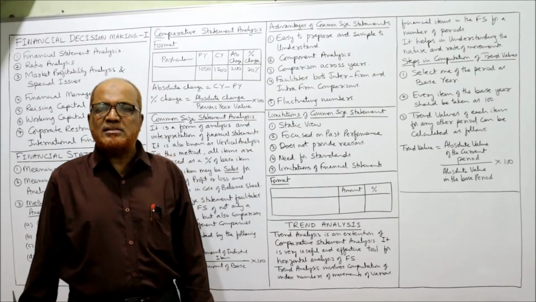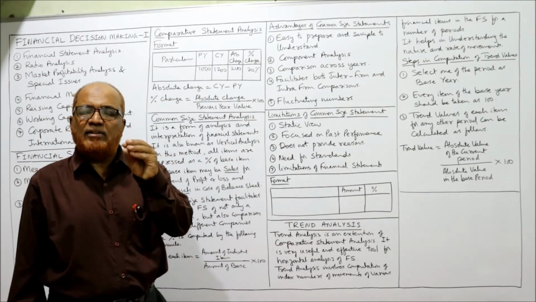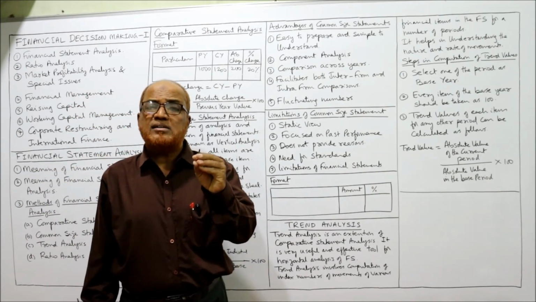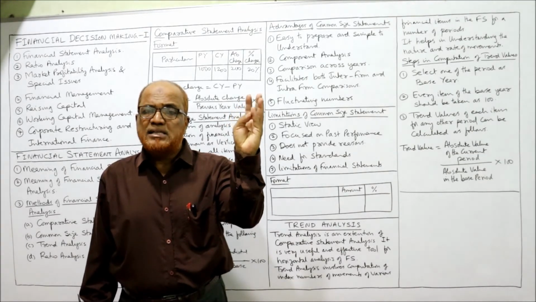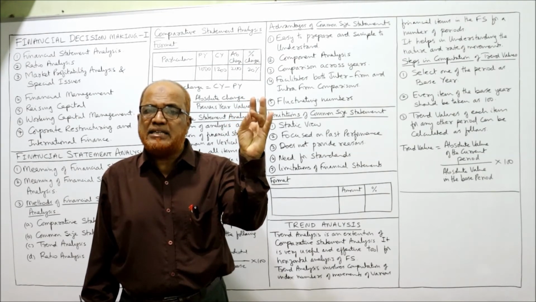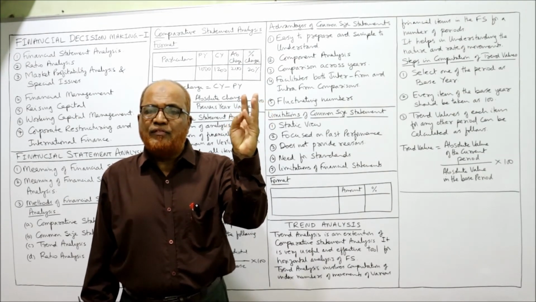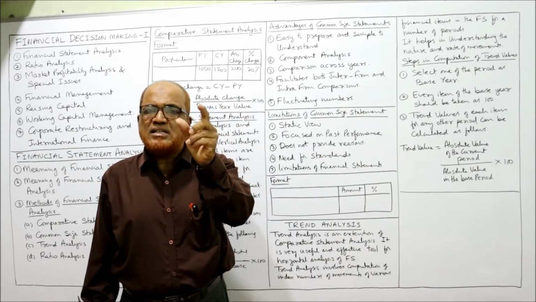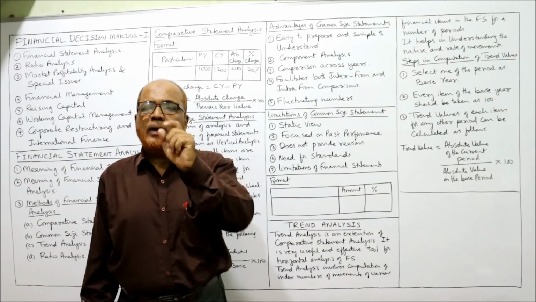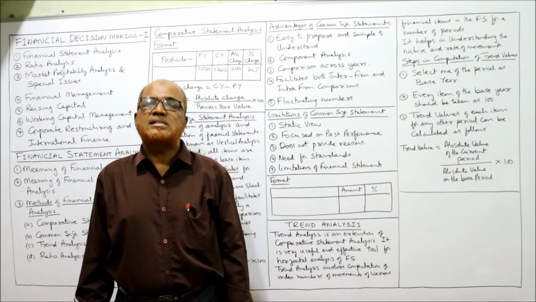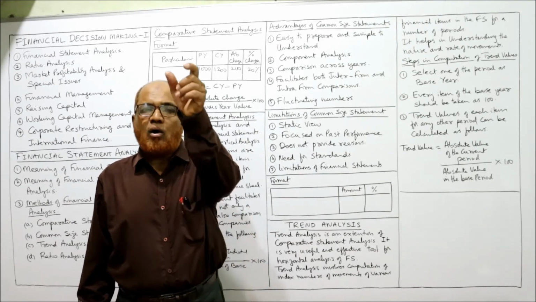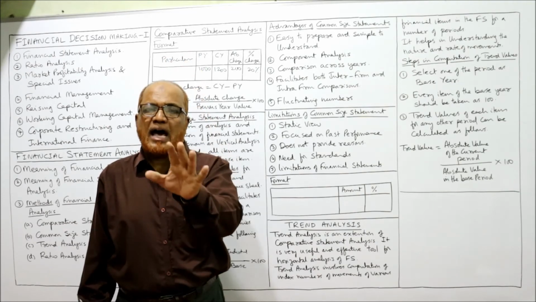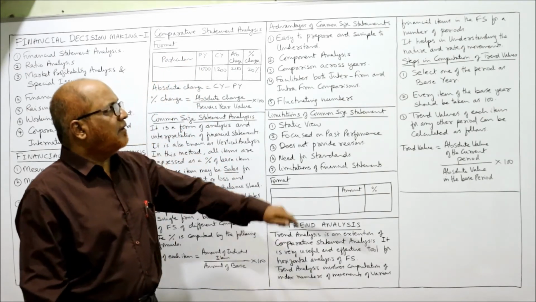For example, we are given 5 years of data: 2015, 16, 17, 18, 19. The first year is 2015, so 2015 is called the base year. And we take all values of the base year as 100. Here I will show you.